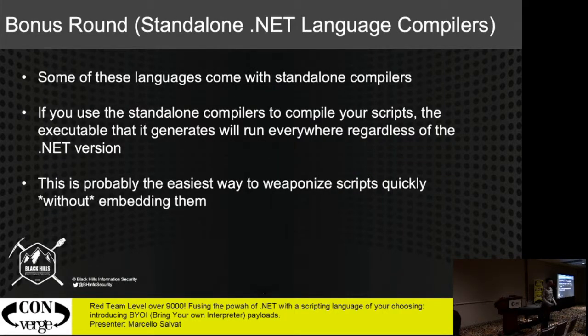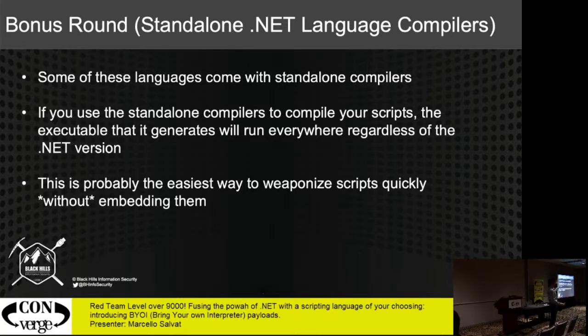So here's something I've never talked about before publicly. These languages come built in with a compiler. So usually all these languages have a standalone compiler. What that means is that you can take any script and just compile it directly through the compiler that they provide, and then you can take that compiled executable and run it everywhere.